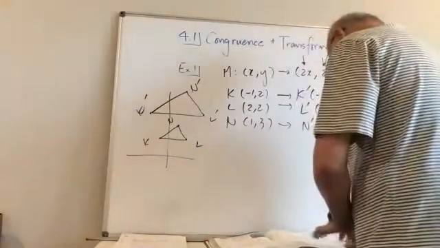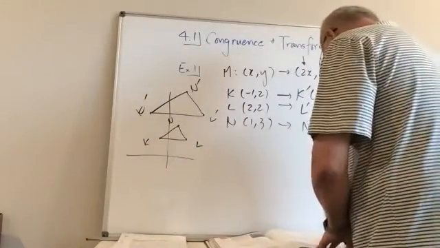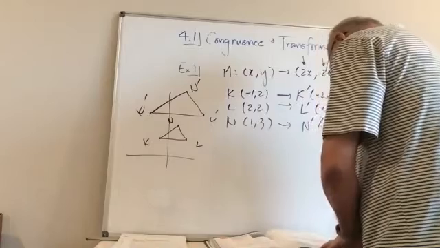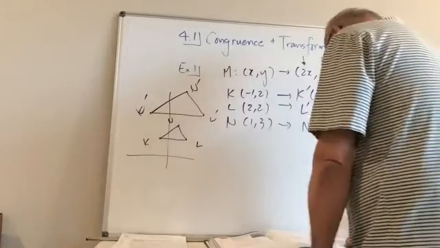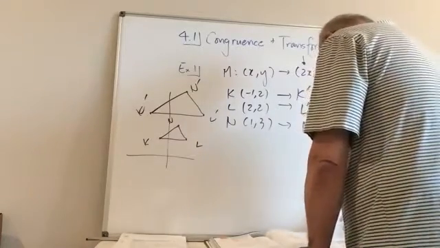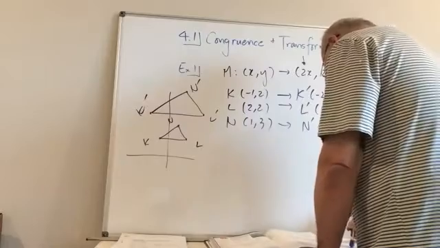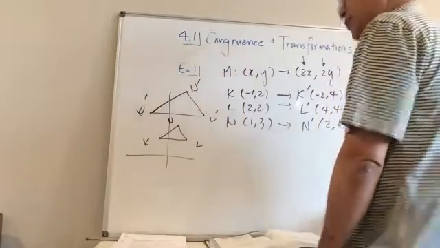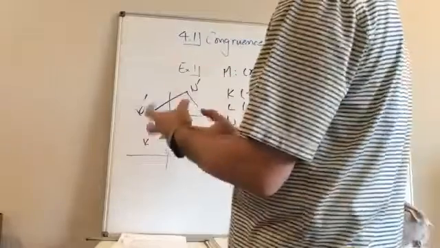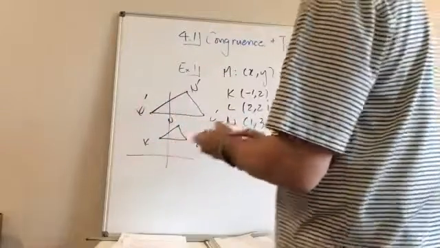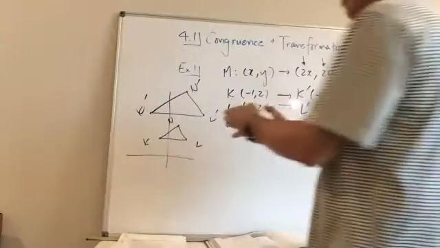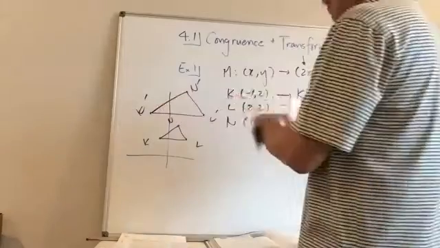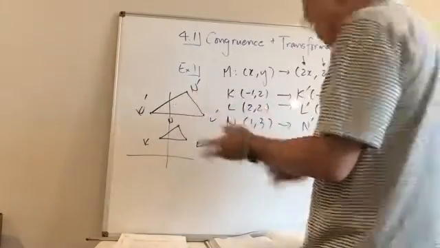Okay. So that's that. On the bottom of page 217, transformations and congruence says that translations, reflections, and rotations produce images that are congruent to their pre-images. So again, the shape itself did not change. You have the same congruent end result with what you started with.